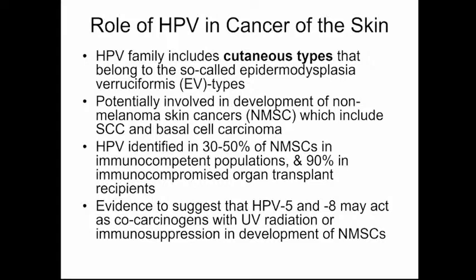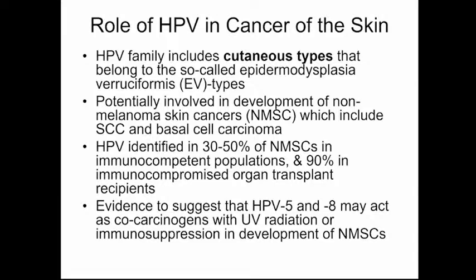What about skin cancers? The HPV family includes cutaneous types as well, not just the mucosal types, as we have seen. The cutaneous types belong to the so-called epidermodysplasia verruciformis types, the ones we say belong to the beta genus.